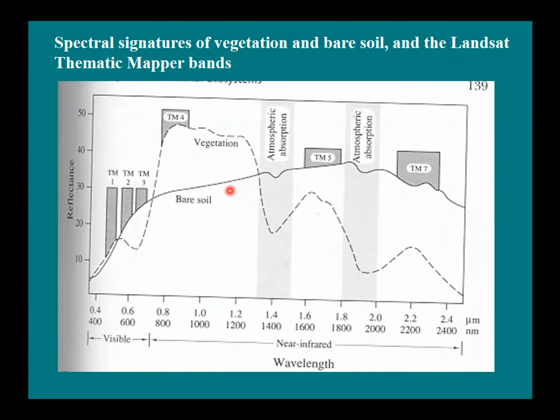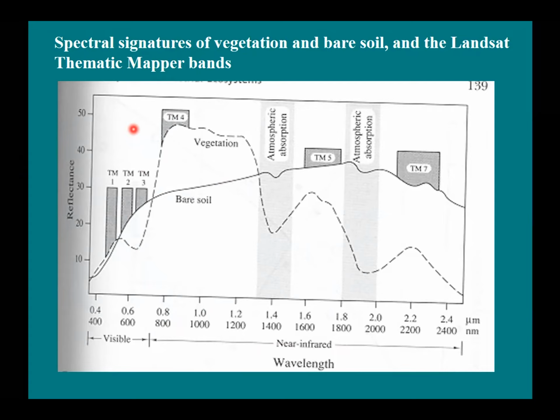So let me tell you why this is useful for someone who's studying vegetation. You have wavelengths on the x-axis, and reflectance of those different wavelengths on the y-axis. The bands shown here, these gray bars, are bands from a sensor that was on certain Landsat satellites.